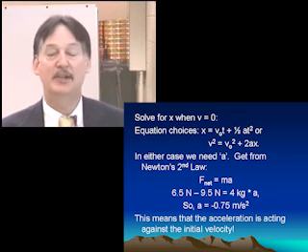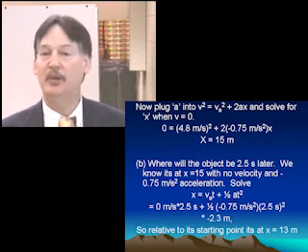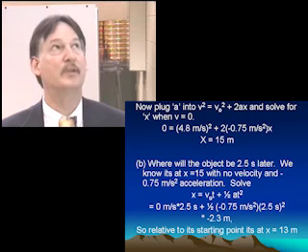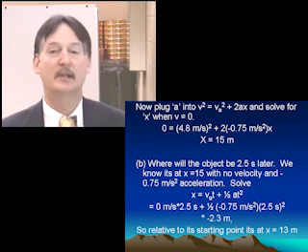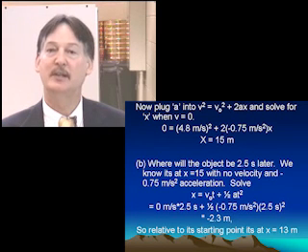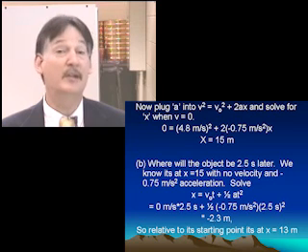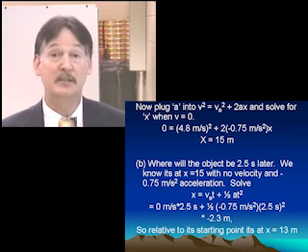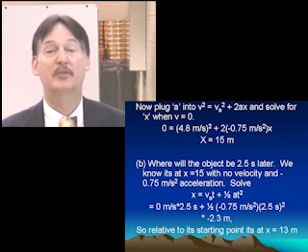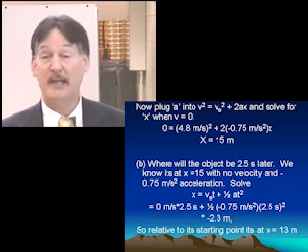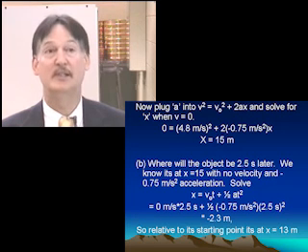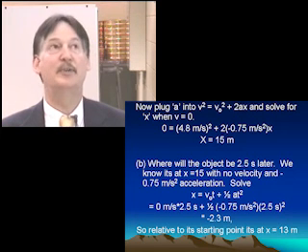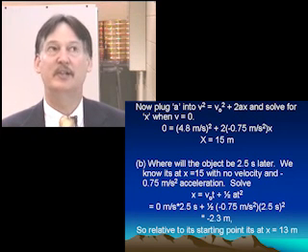Take that acceleration and plug it into our v squared equation. We are looking for where the object attains a zero velocity. So v squared is 0. v0 squared is our 4.8 value, the initial velocity, and 2 times a -0.75 acceleration times x.